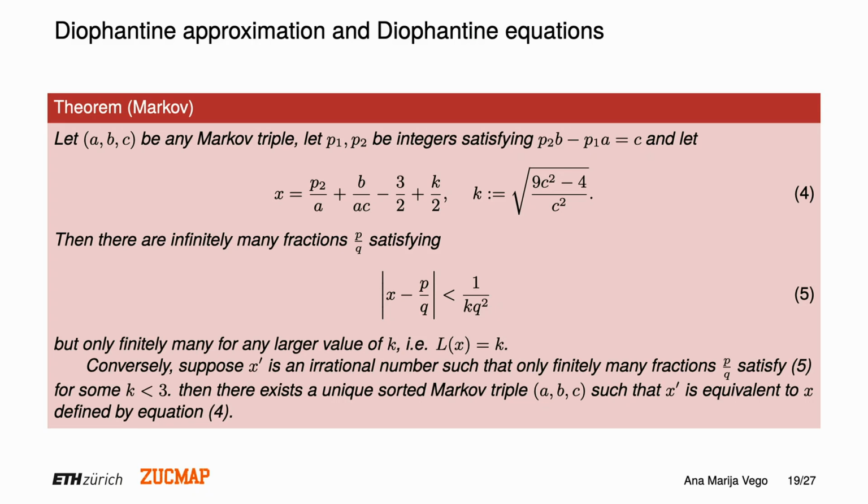Markov's theorem gives us this whole sequence of theorems, which give us a one-to-one correspondence between solutions of that funny equation, that Markov equation that we saw before, and equivalence classes, because in this corollary we look at x dash, which is equivalent to x, of actually badly approximable irrational numbers.